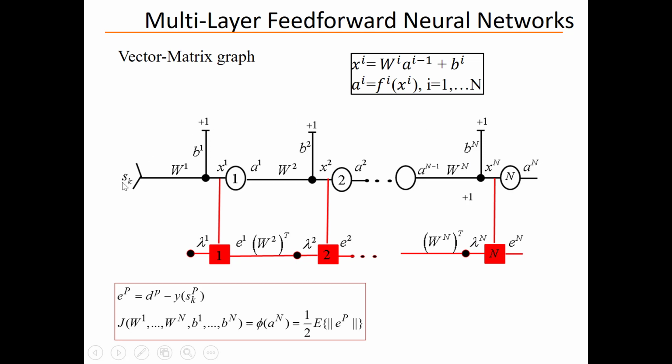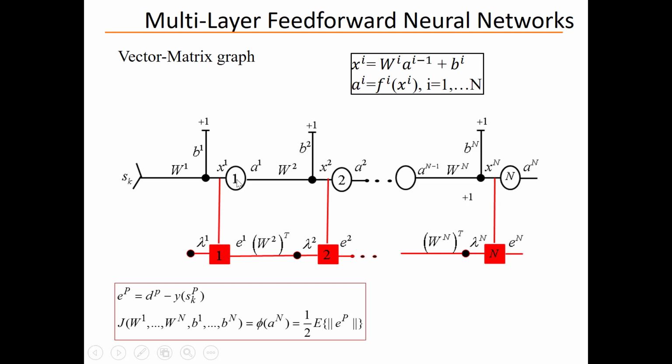You can view it as a vector or a matrix. We're viewing it here as a vector. A sample S_k comes in and moves from left to right, starting with S_k, moving through this network, and the network is just a repetition of the same modular form, which is a linear mapping plus a bias, and then a nonlinearity, represented here as a circle.